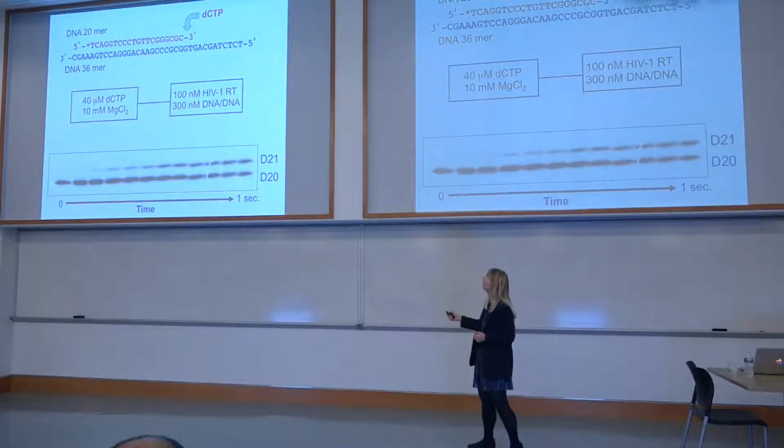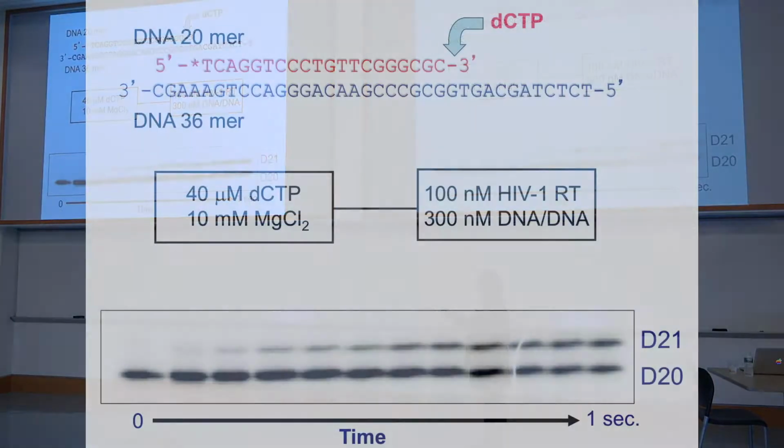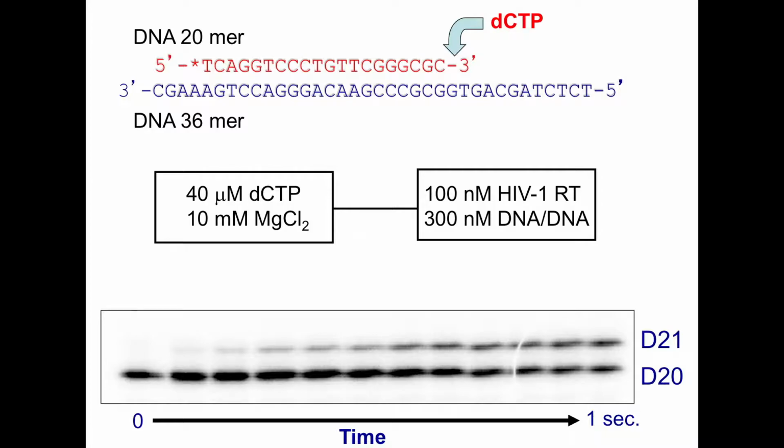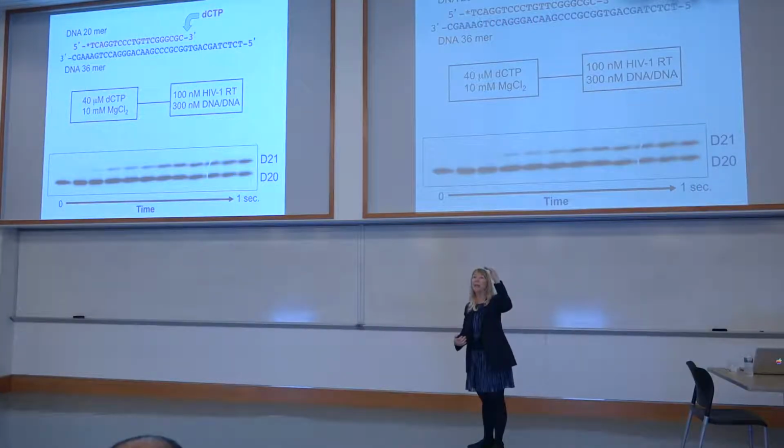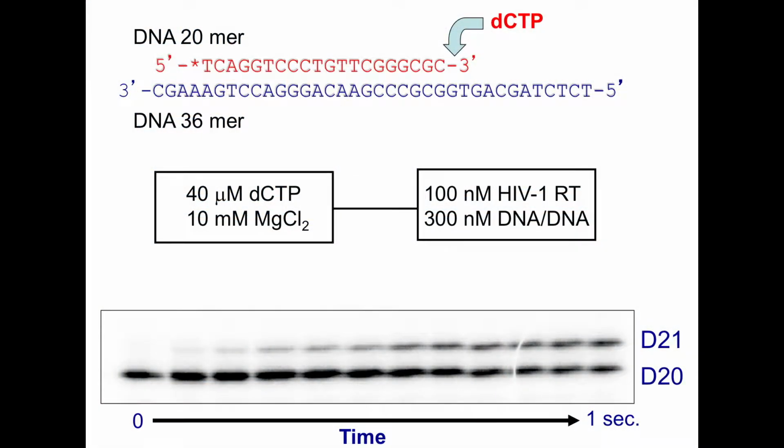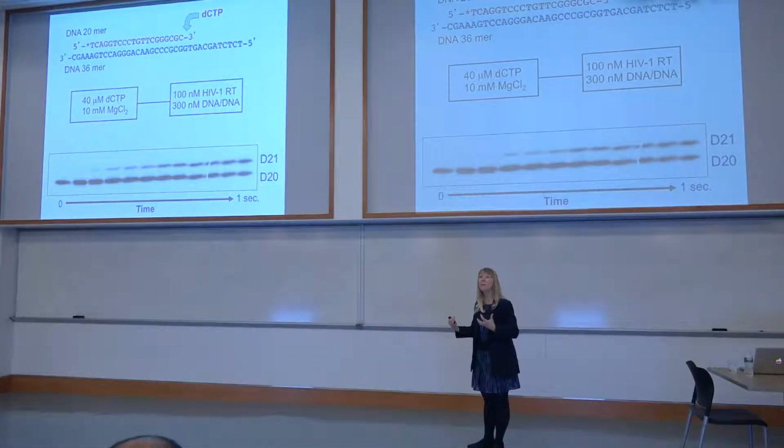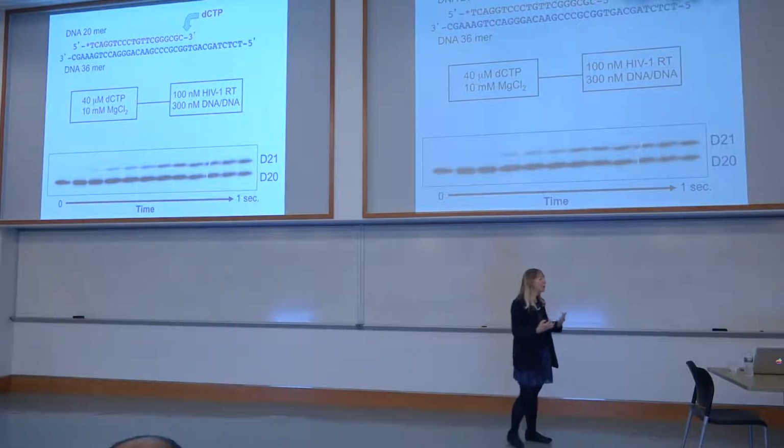This is an example where we've taken a radio-labeled primer template DNA, a 20-mer, and we're incorporating dCTP. If you run a long sequencing-type gel, you see the incorporation to form the 21-mer, and you see that this reaction is occurring much faster than 1 second. So you obviously need a special piece of equipment to do this.